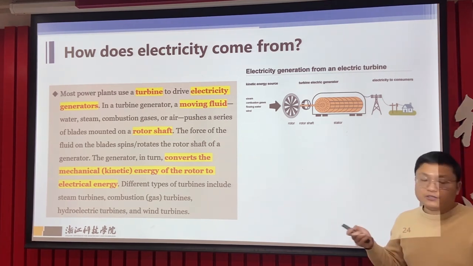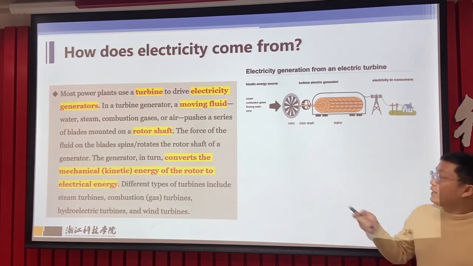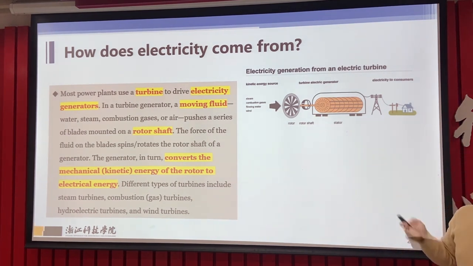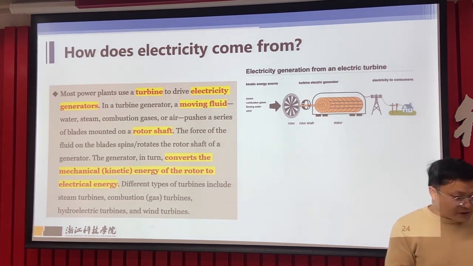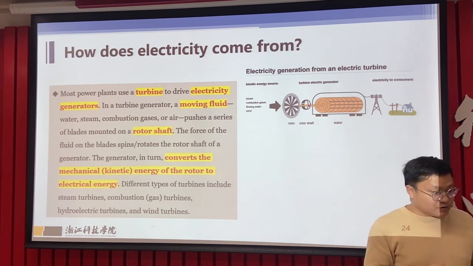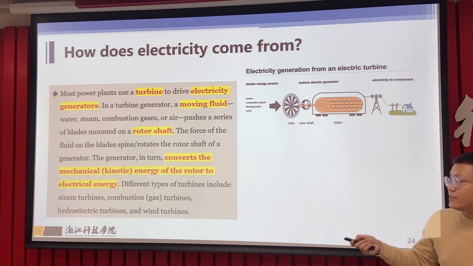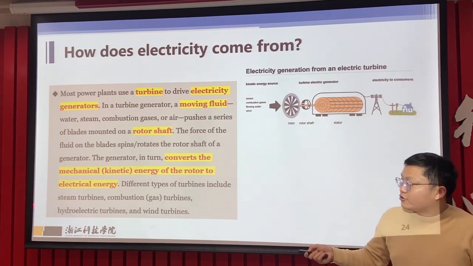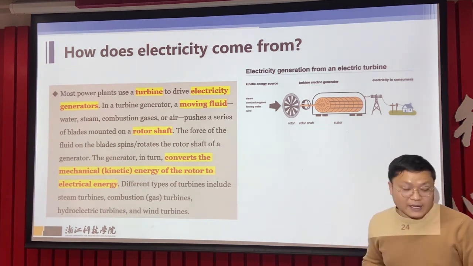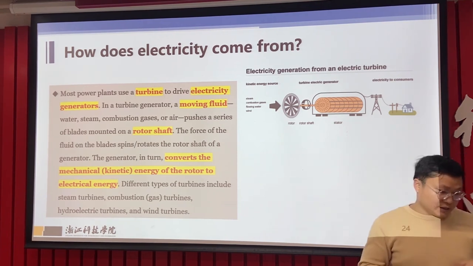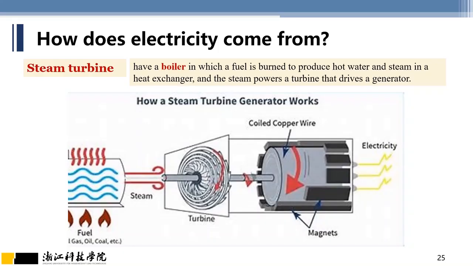The generator in turn converts the mechanical energy into electrical energy. Different types of turbines include steam turbines, combustion gas turbines, hydroelectric turbines, and wind turbines. We will discuss them separately.